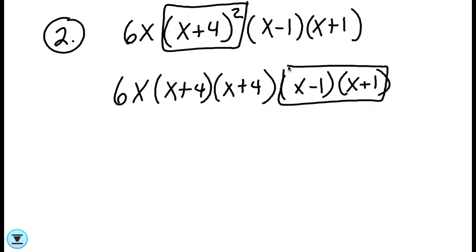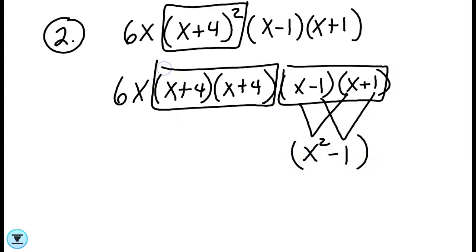This is our first shortcut that we talked about, where they're the same but opposite signs. So for that shortcut, we do first times first, and last times last, and we're done. I see another shortcut here. We can do first times first, last times last, and then these two multiplied together but doubled.